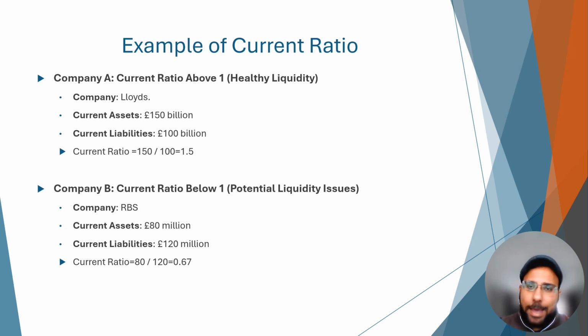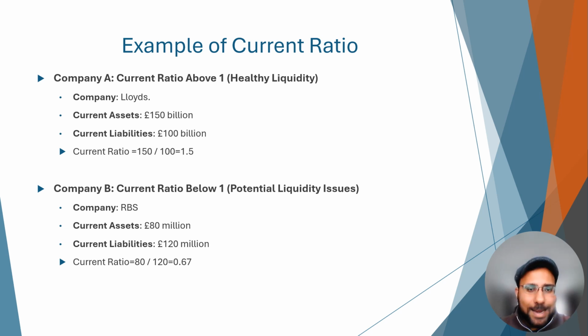Remember anything above 1 indicates financial health, operational efficiency, and the company has more than enough resources to pay off its debts which are due within 1 year. And the second company would be RBS, and now RBS has 80 million in current assets and 120 million in liabilities.